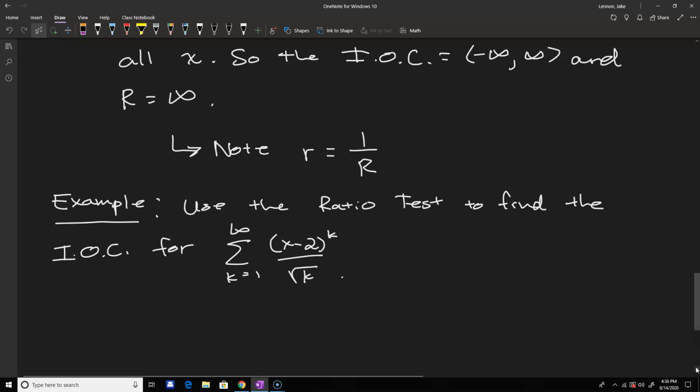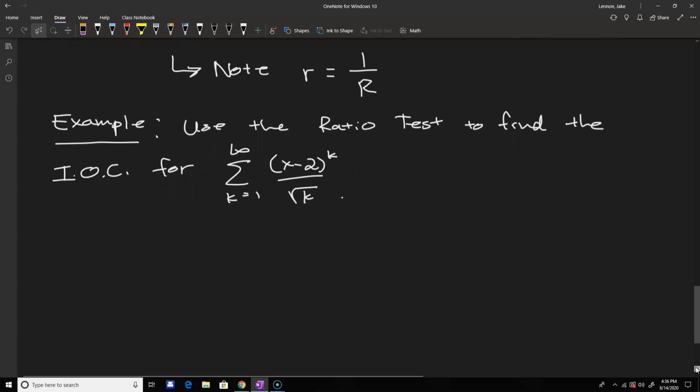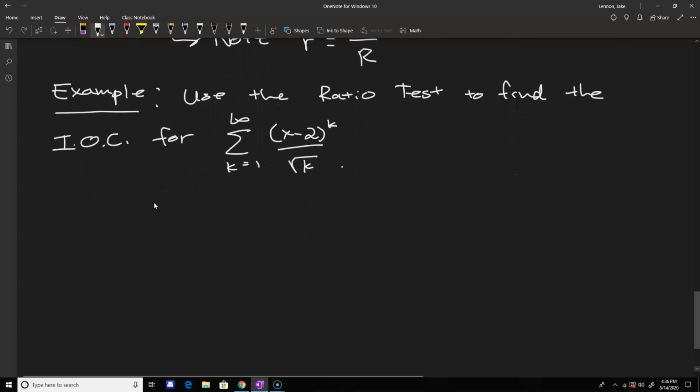We're still going to be using the ratio test, but here we're centered at 2. So keep that in mind. This power series is centered at 2.